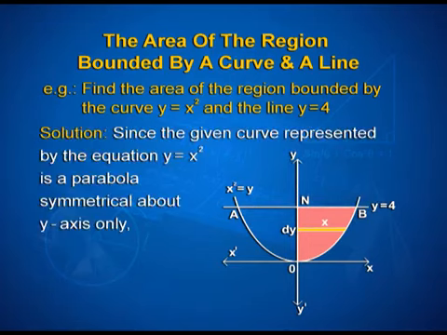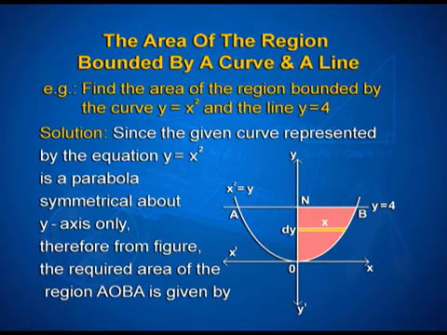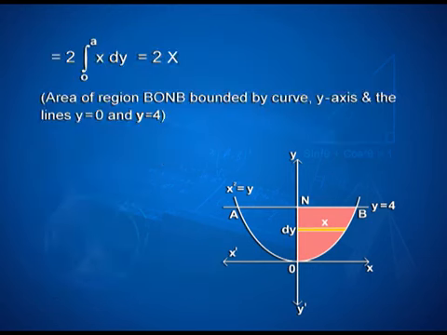Now, for the solution, since the given curve represented by the equation y equal to x square is a parabola symmetrical about the y axis only, therefore, from the figure the required area of the region AOBA is given by 2 into integral 0 to a x dy, that is equal to 2 into the area of region BONB bounded by the curve, the y axis, and the lines y equal to 0 and y equal to 4.